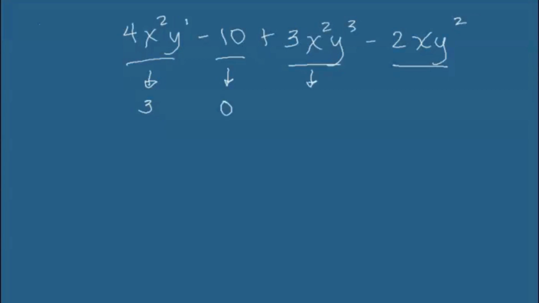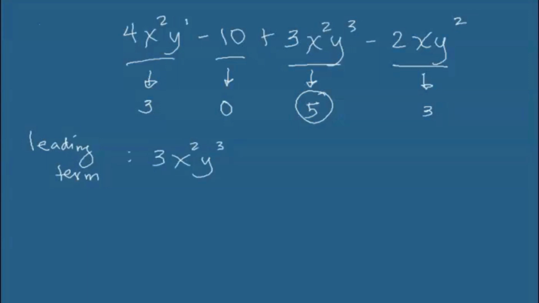For this term, 3x squared y cubed, we add the exponents 2 and 3, so the degree for this term is 5. And for negative 2xy squared, the degree of this term is 3. So in that case, the highest degree is 5. So the leading term is 3x squared y cubed.